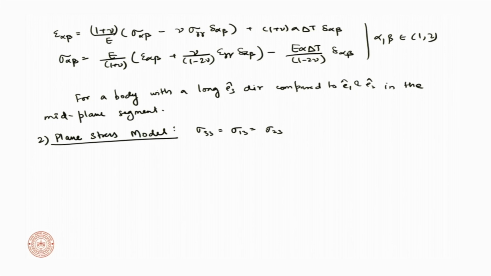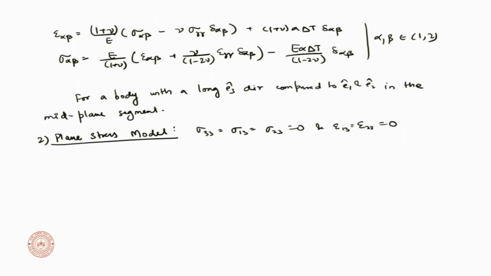Any stress in the third direction is 0, and consequently epsilon 1 3 equals epsilon 2 3 equals 0. However, if the body is allowed to only apply stress in the x direction and there is no stress in the y direction, the body can deform in the third direction. So even if you are applying stress along 1 and 2, the body is allowed to deform in the third direction. Okay, then let's quickly write our expressions.